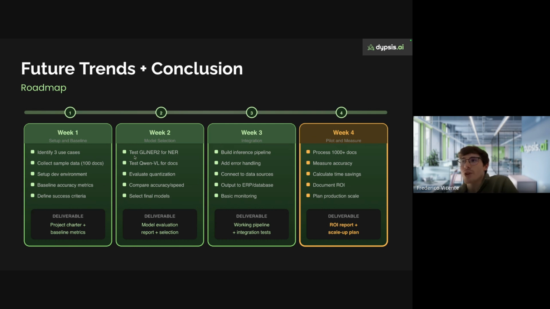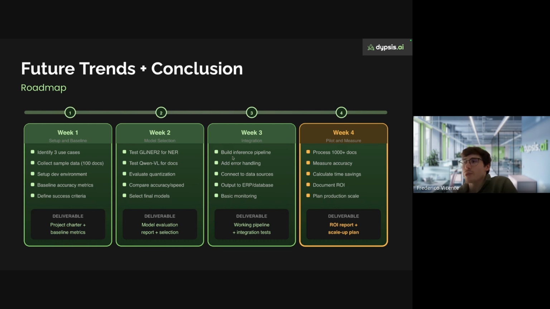You can try one of these smaller models, like the Liner 2, which can easily run on your computers, or even a QuantVL, a smaller one, and do some tests to understand whether, even if you had a bigger GPU or a bigger model, the ROI is relevant and justifies the investment.